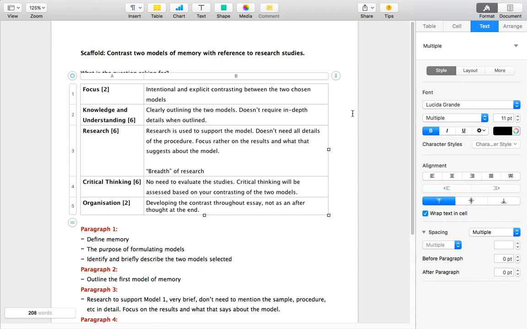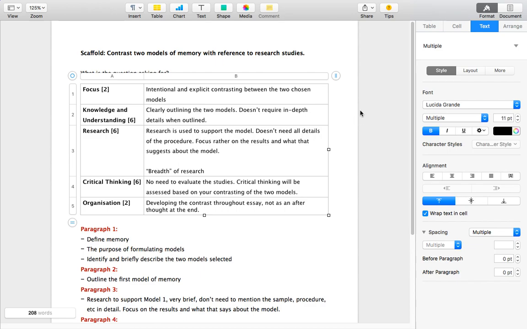You just have to say, for example, that Atkinson and Shiffrin's model describes how information flows from the sensory register to the short-term memory and long-term memory, that there are certain conditions that need to be met for it to go from one store to the other, and what these conditions are. And finally, the capacity and durations in short term and in long term. I think that's basically enough.